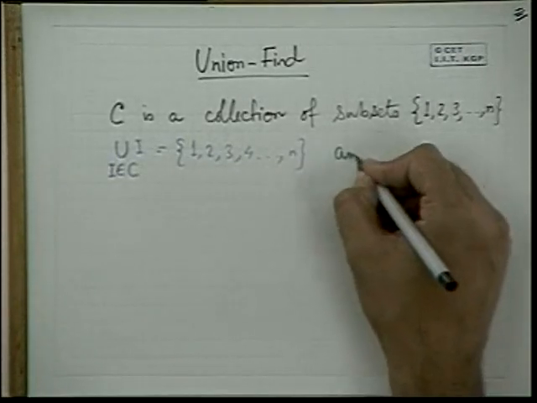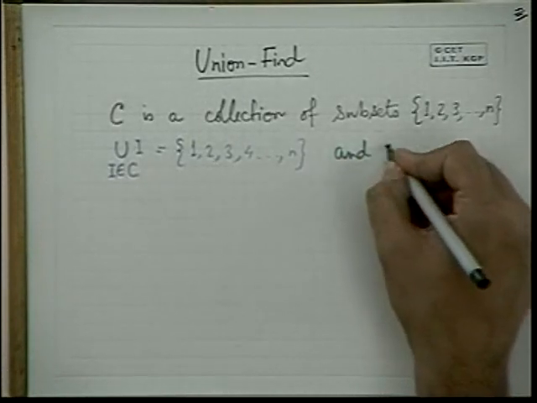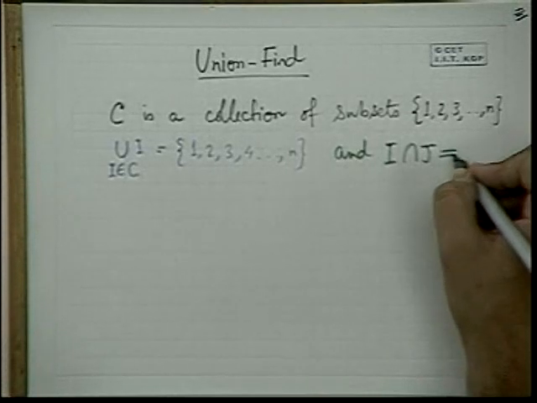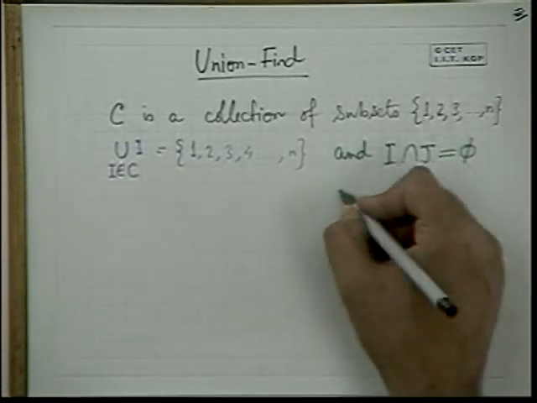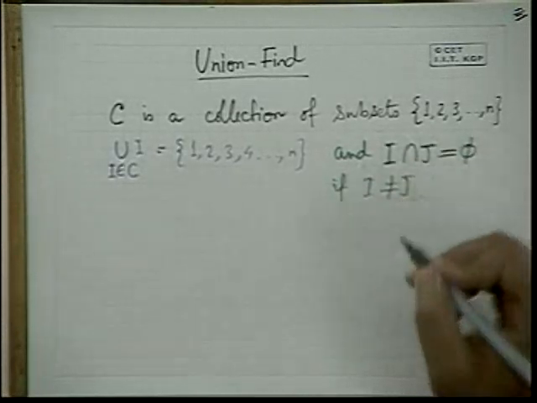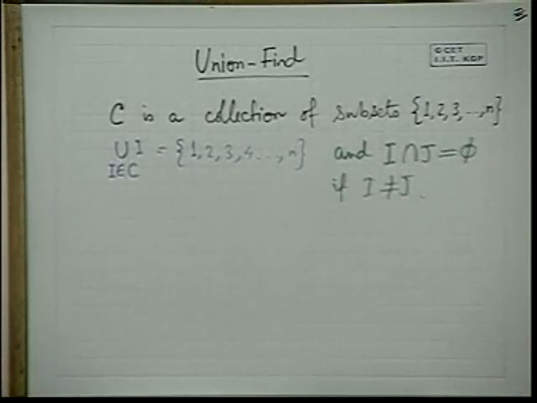And as I told you, two sets I and J, if they are different, their intersection must be empty. If I not equal to J, then the intersection must be empty. So these are the assumptions.